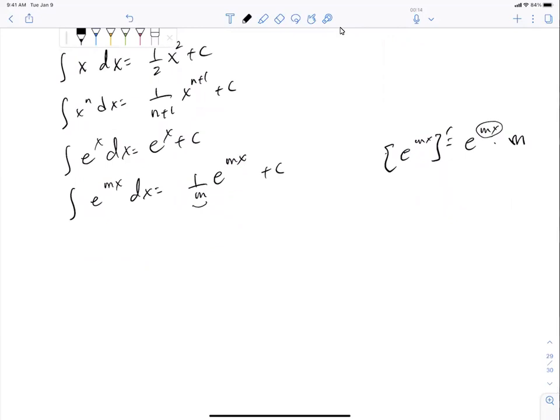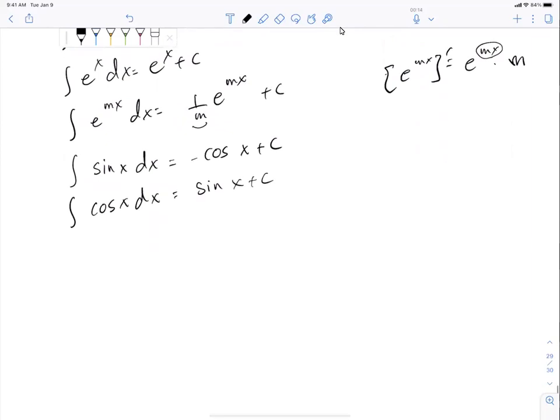Going through the journey of your trig functions, the antiderivative of sine is negative cosine, because the derivative of cosine is negative sine. The antiderivative of cosine, on the other hand, is sine. The antiderivative of secant squared, we'll talk about more trig functions later, is tangent.